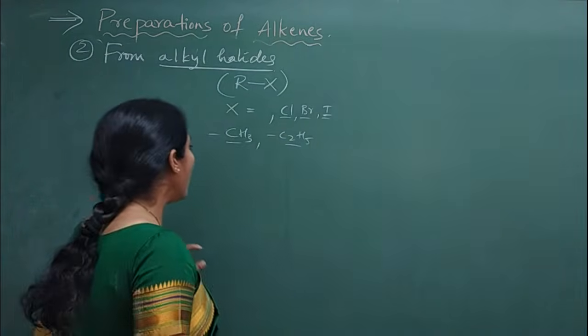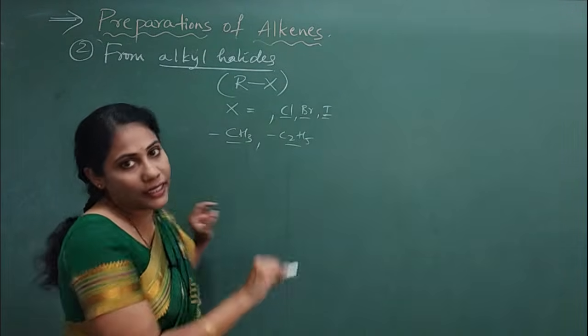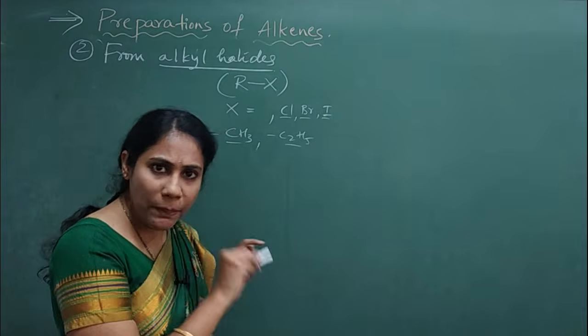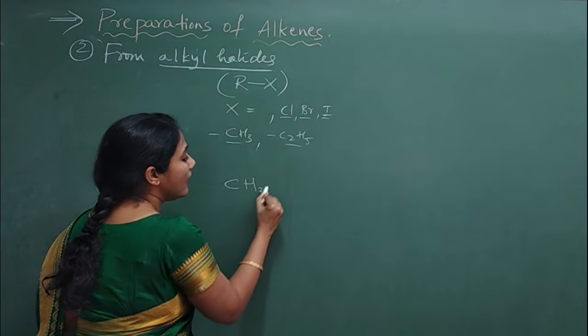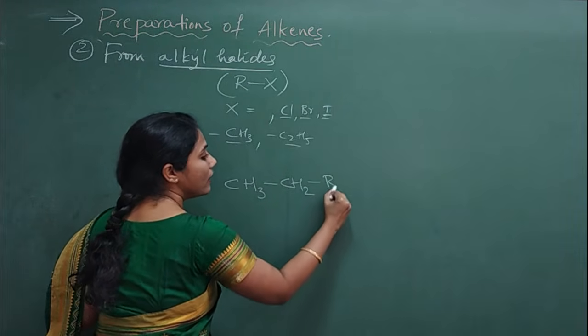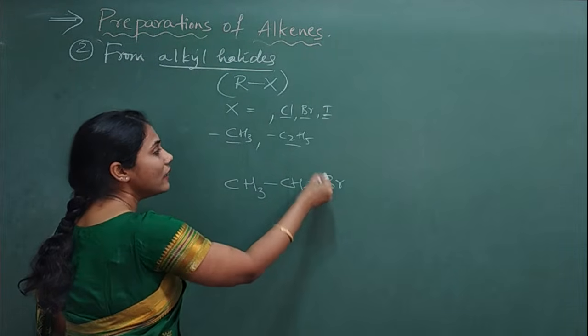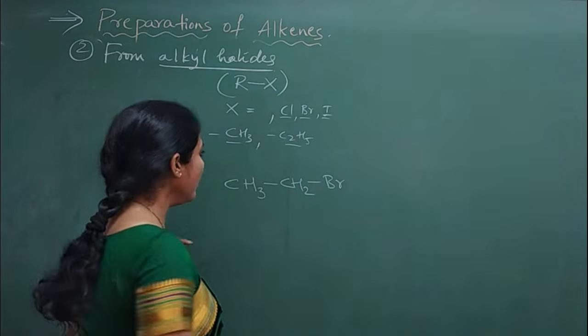Now let me try to prepare ethene here. If I have to prepare ethene, I need to take this particular alkyl halide, CH3CH2Br. I can take Br here, or I can take Cl or iodine also. Clear? Fine.